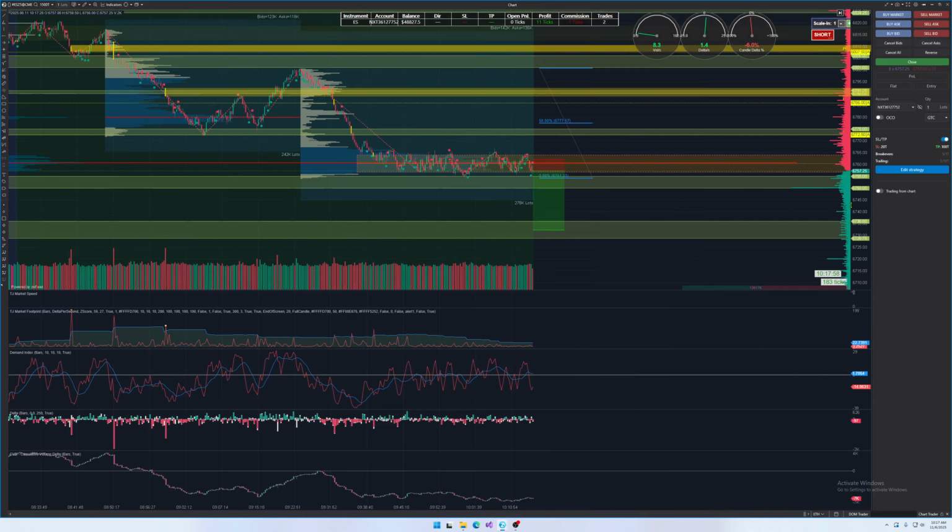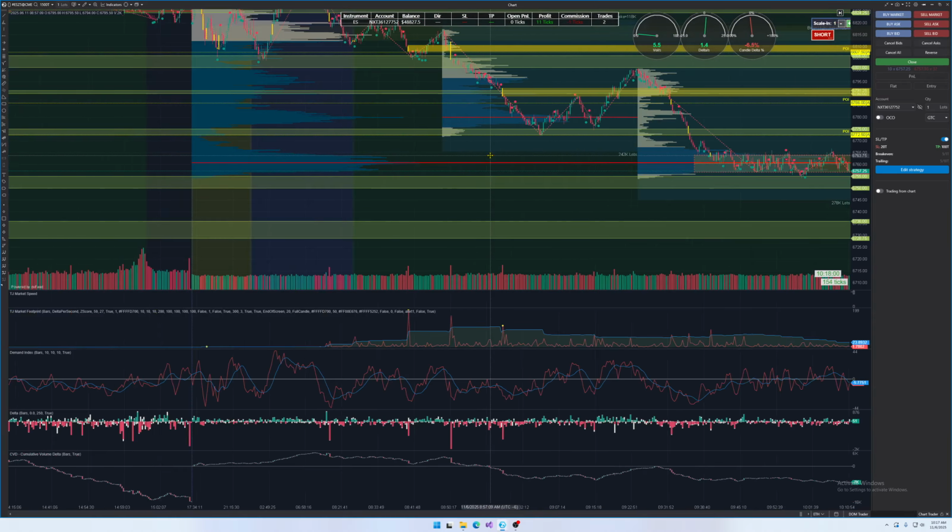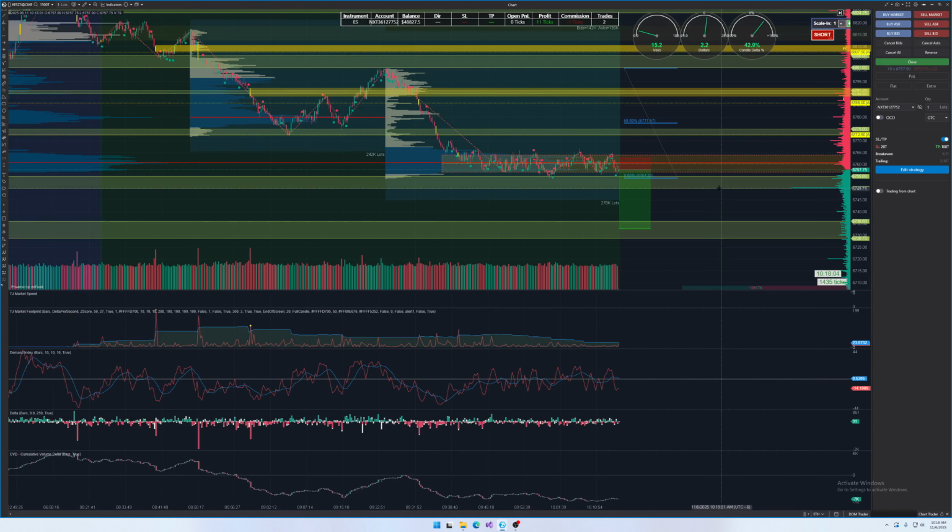So here, what do you want to go long? Goes from here to here, just waiting until the market goes either to retrace the 50% here, or even goes up here, or even goes up here.